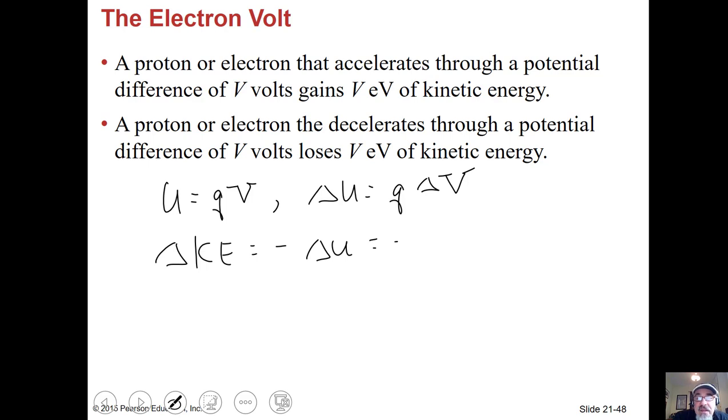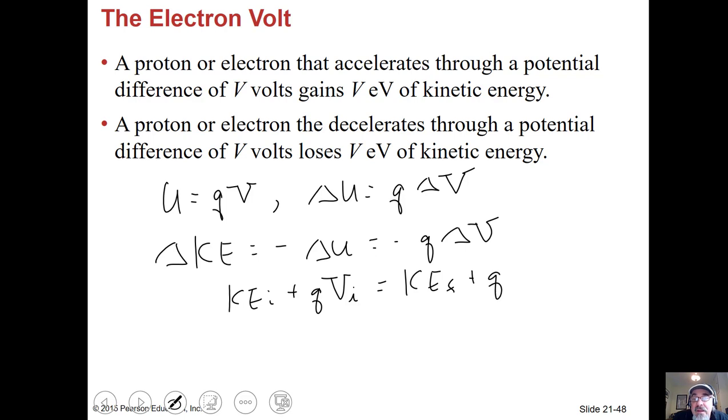That would be minus Q times delta V. Or we have conservation of energy, where the initial kinetic energy plus Q times the initial voltage, that's the initial electrical potential energy, is equal to the final kinetic energy plus Q times V final.